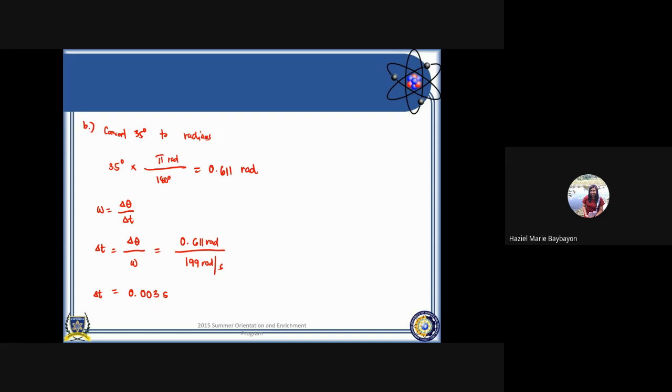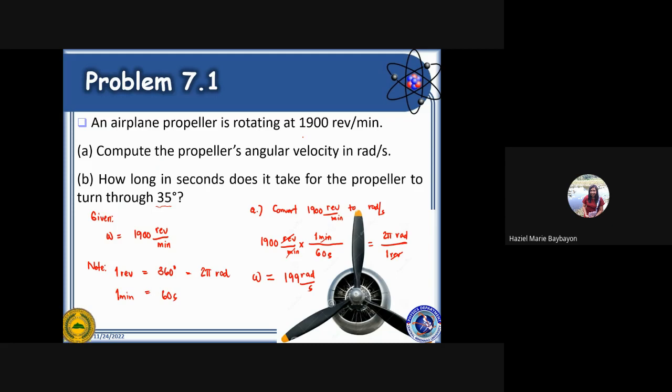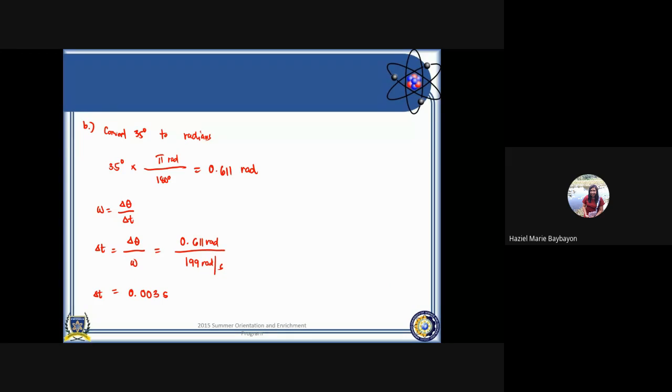So as you can see, since dako kaayo ang angular velocity sa propeller sa airplane, it will take a very small time to turn 35 degrees, no? 0.003 seconds lang, maka-turn na siya 35 degrees. Okay? Tungod kay paspas siya og angular velocity. Any questions?